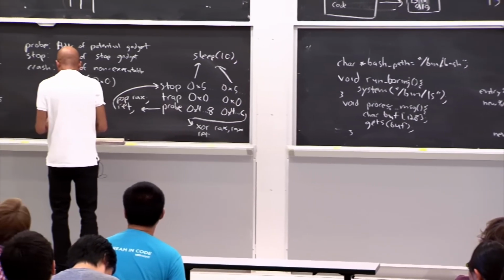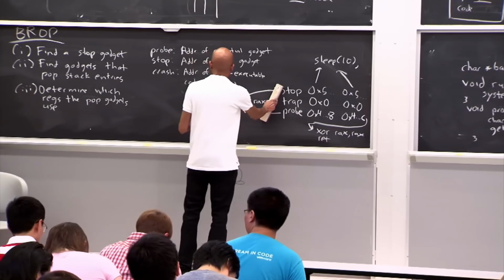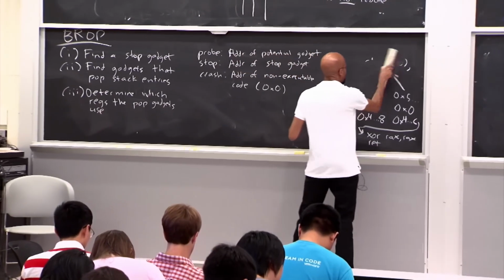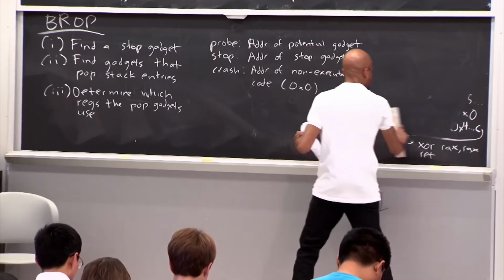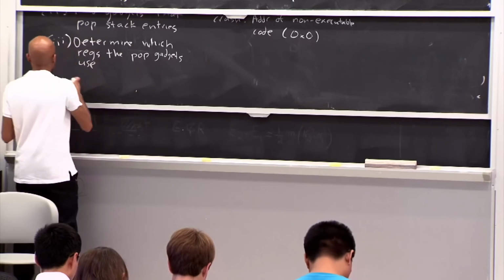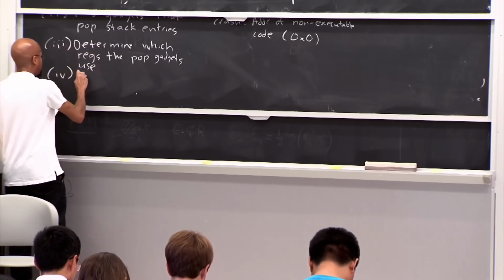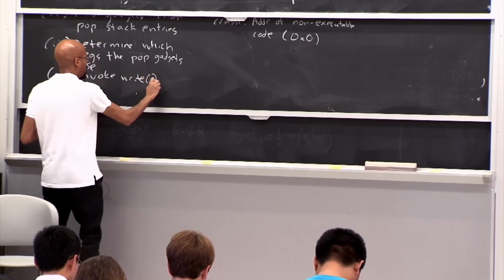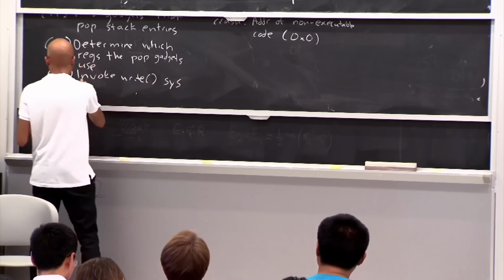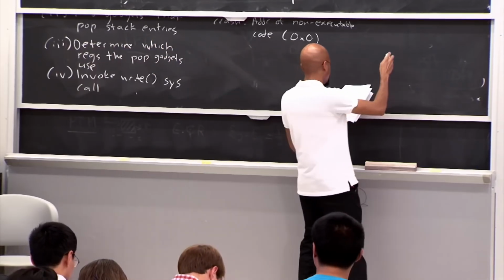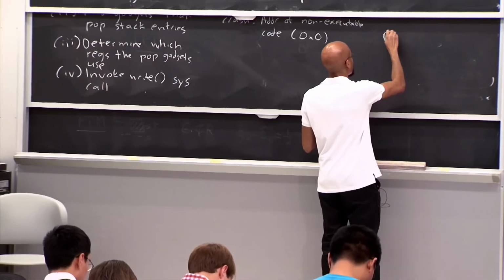Okay, and so now, step 4 is to invoke the write system call. To invoke write, we need to have the following gadgets.